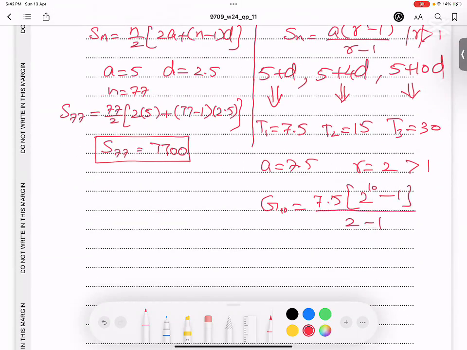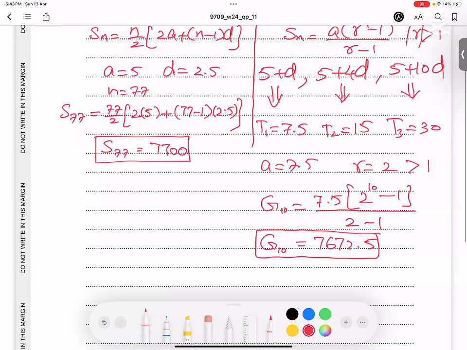If I type in the calculator, 7.5 in the bracket, 2 to the power 10 and minus 1, my answer turns out to be 7672.5. This is the sum of terms.